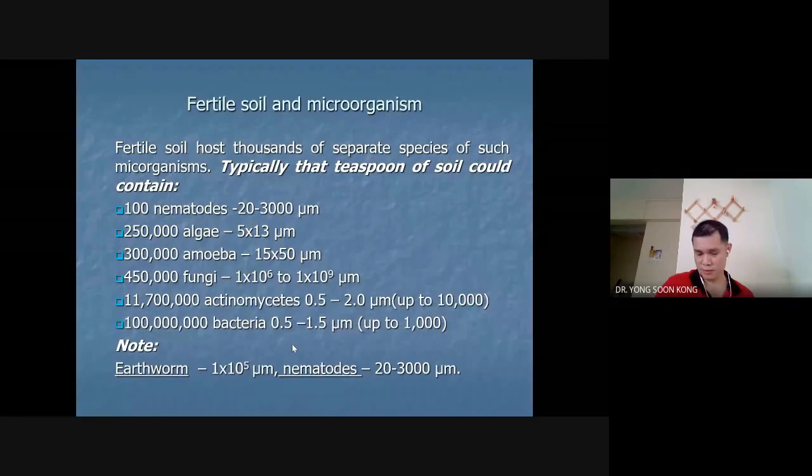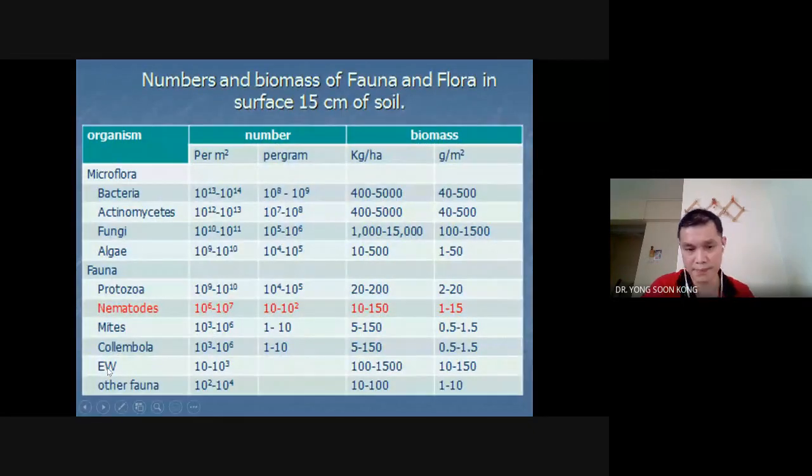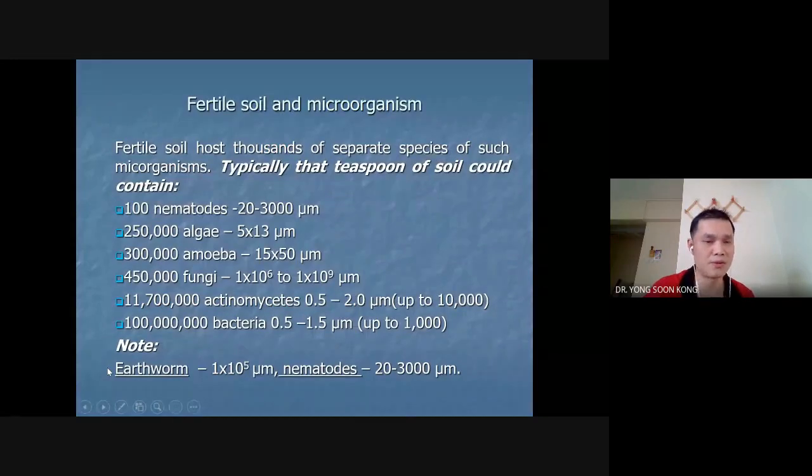And furthermore, from one teaspoon of soil, these are the ratios or breakdowns of organisms that might be contained in one small teaspoon of soil. It may contain 100 nematodes, 250 algae, and so on. Now, the point here is, in a healthy soil, it's very diverse.